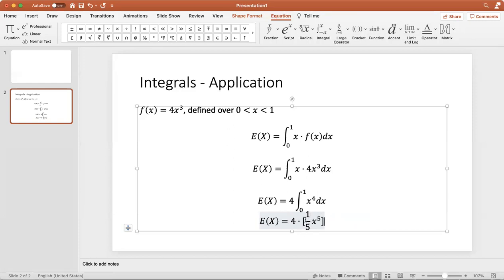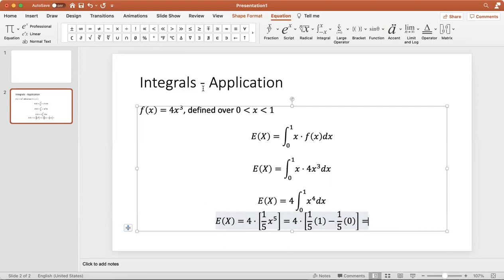So when we evaluate this between 0 and 1, this becomes 4 times 1 over 5 times 1 minus 1 over 5 times 0, basically. So the last term cancels out.